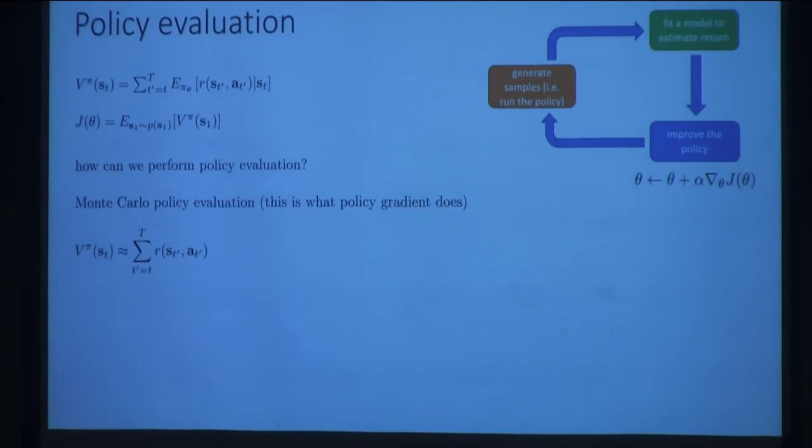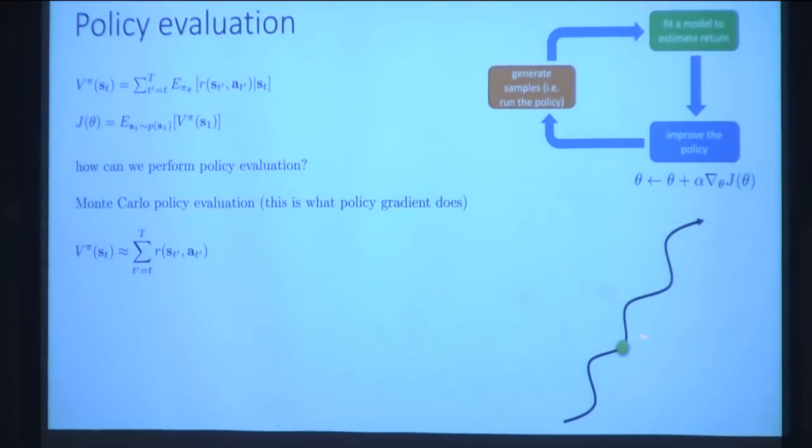So Monte Carlo policy evaluation says that the value function for a particular state is approximately equal to the total rewards that you get when you start in that state and then run your policy. That basically amounts to saying, well, let's look at all the states that we visited. Maybe we look at this state along our trajectory, and we sum together the remaining time steps, and that gets us an estimate of the value of the policy in that state.